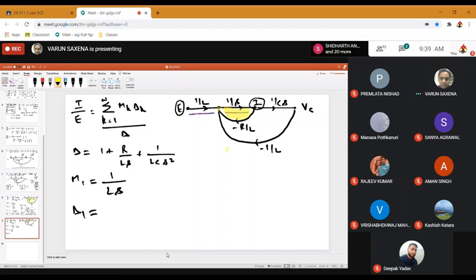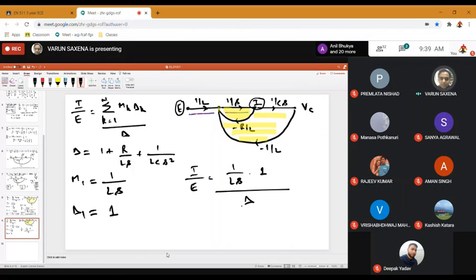Then if you look at this, it also touches the forward gain path at this node. So there is no loop that does not touch the forward gain path. So delta 1 is 1. So your answer is simply I over E is 1 upon Ls into 1 divided by whatever was your delta, and you can evaluate this quantity.